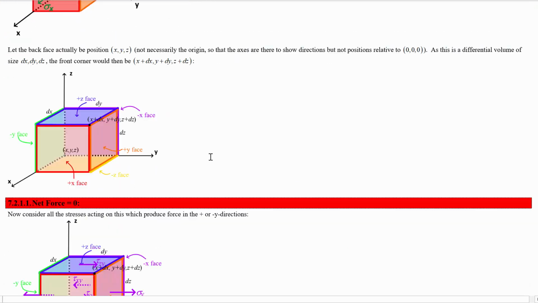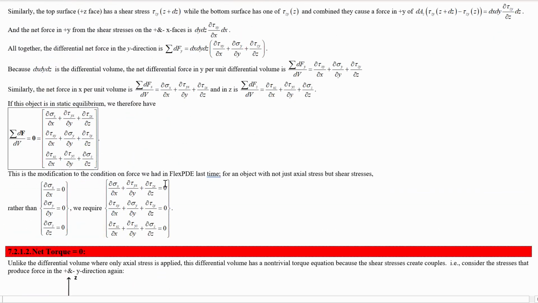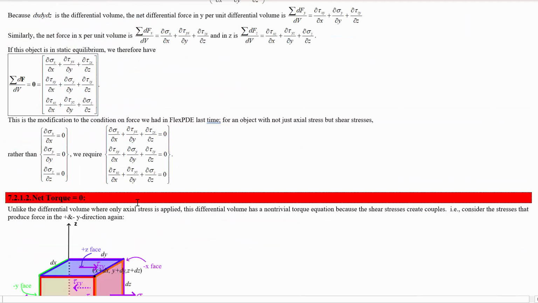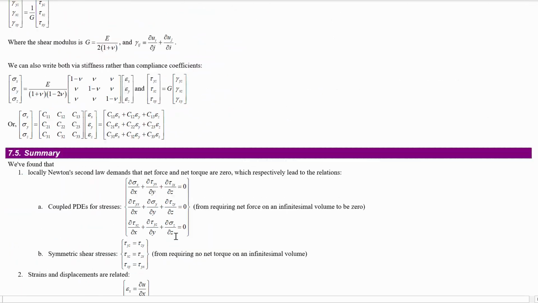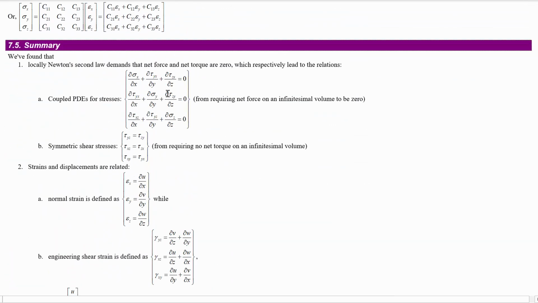Well, we're going to have to incorporate, for one thing, the full set of differential equations that involves shear. Okay, so let's put that in. Just for the sake of symmetry in FlexPDE, rather than calling it like tau yz, let's call it SYZ and use the second subscript to deal with that.